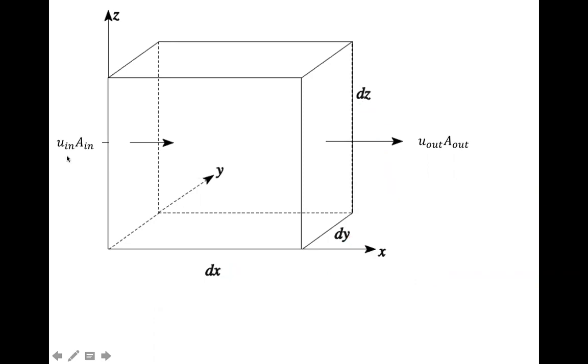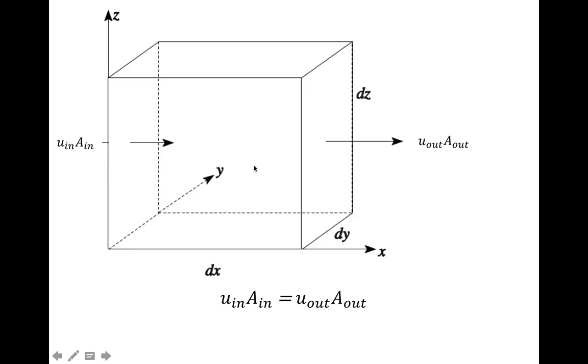We know from what we just looked at that the volume transport in will be equal to the velocity in times the area in, which in this case is going in the x direction. So that will be u in, A in, and our volume transport out will be u out, A out. Since the volume transport in is equal to our volume transport out, u in A in equals u out A out.